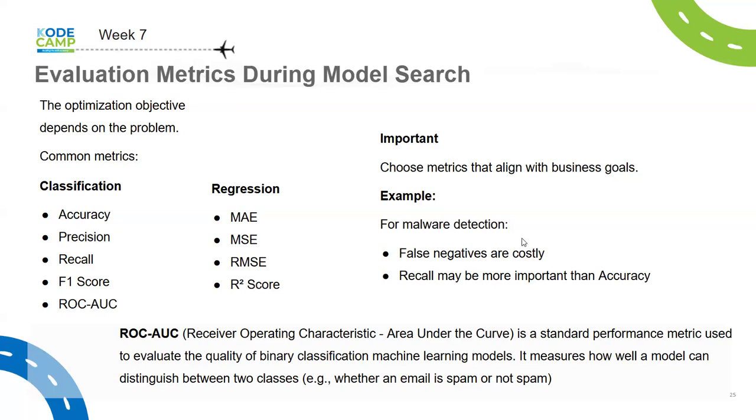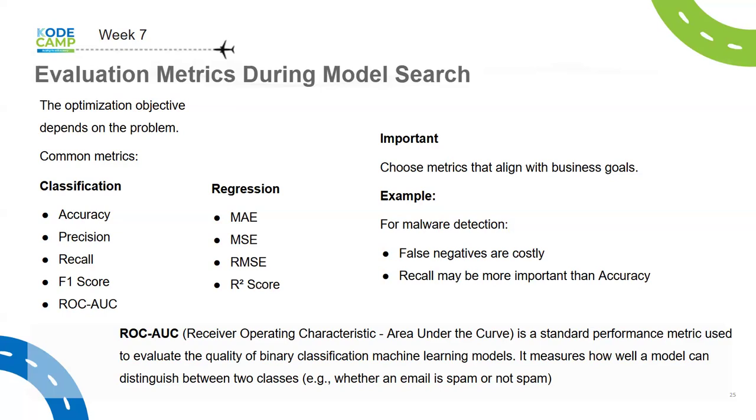So for those, you use recall, because recall gives you a better measure of how many you failed to classify correctly. How many you classified wrongly is measured by precision.